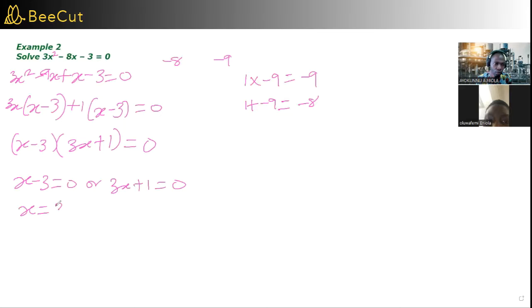I can say x equals 3 or 3x equals minus 1. 3x equals to negative 1. So x equals 3 or x equals to minus 1 over 3.